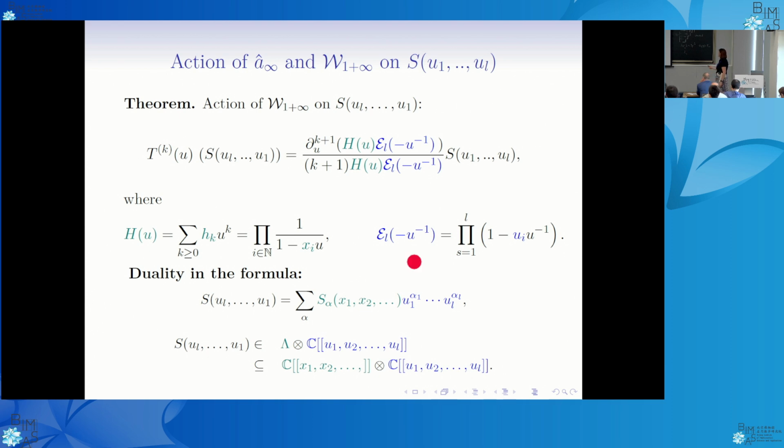And the formula says, if I want to know the image of this operator on this, I have to act separately on the symmetric functions, multiplying by complete symmetric functions, and I have to act separately on these monomials, multiplying by elementary symmetric functions. So there is some kind of duality in this formula because H and E have dual roles here. Yes? So S is not symmetric in u. No, it's not symmetric in u.